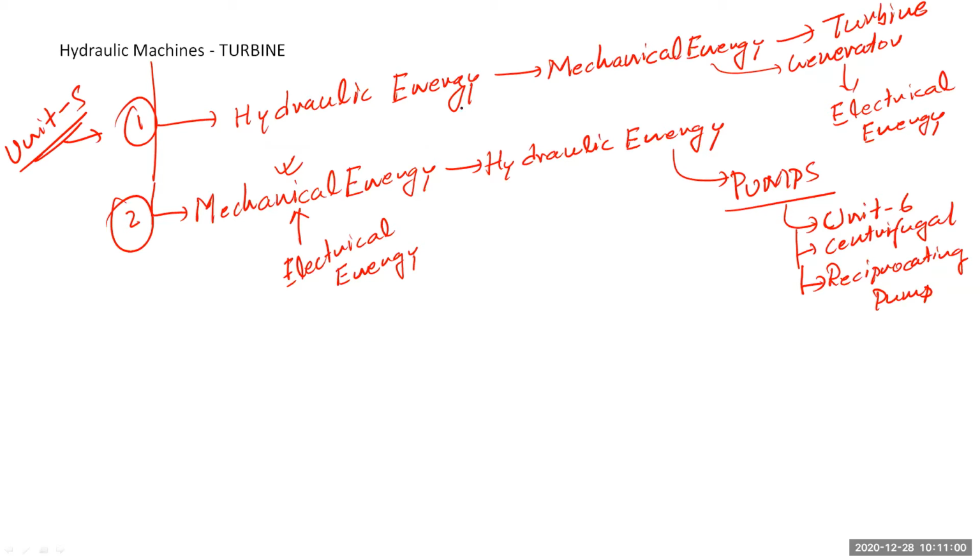Now I will give you a brief idea of what we are going to study in unit number 5. First, there are some basic terminologies, like what is net head, what is gross head, and the different forms of efficiencies. So I will write: first, we will see some basic terminology related to turbines.